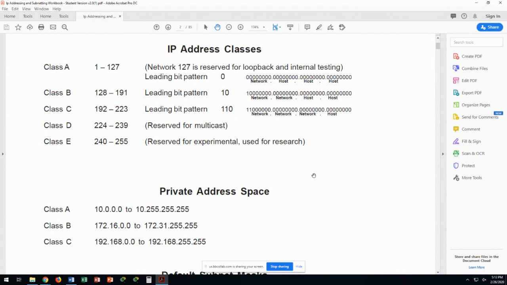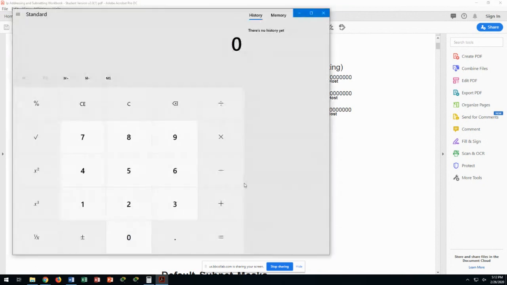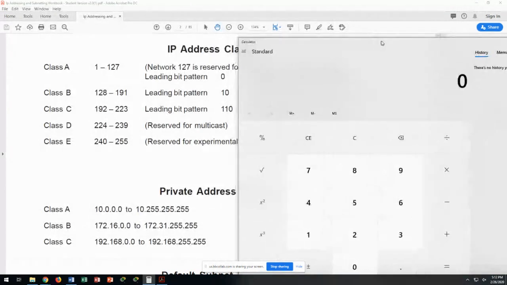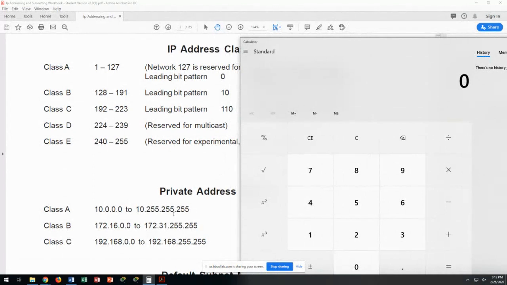It's like 16,777,000 something IPs. Let's just do this. Basically, from 0 to 255 is 256 IPs, so we have 256 times 256 times 256.